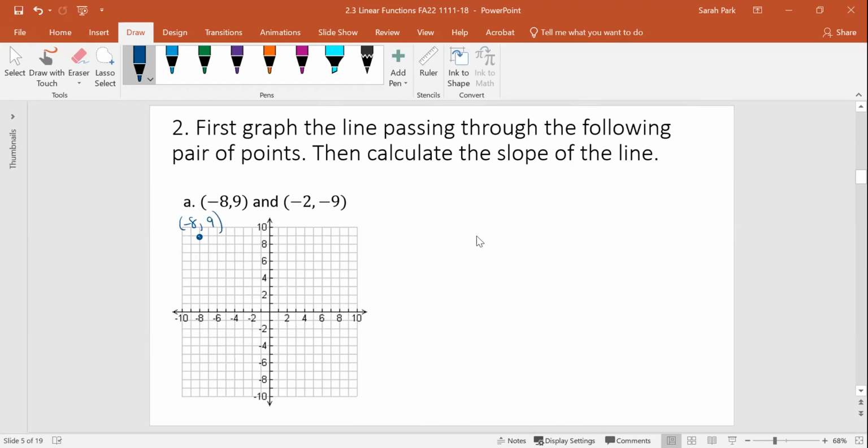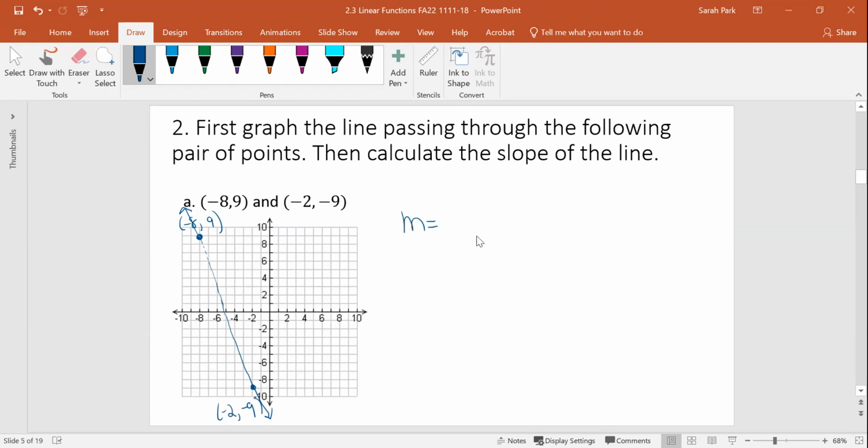And negative 2, negative 9 would be down here. And if we were to connect the two, let's draw a very rough sketch of a line connecting the two points.